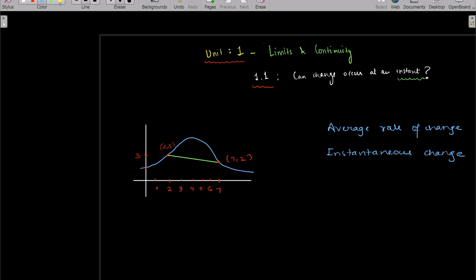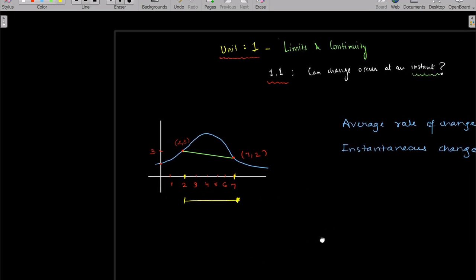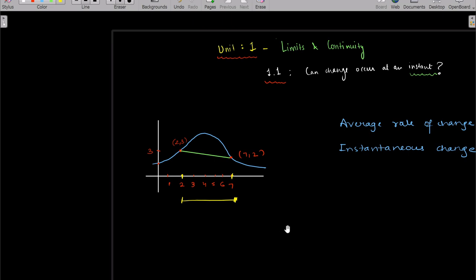For example, from this to this, interval 2 to 7, if you want to find out how this function is changing from 2 to 7, that's your average rate of change. It's not different than the change that you used to find in linear functions.